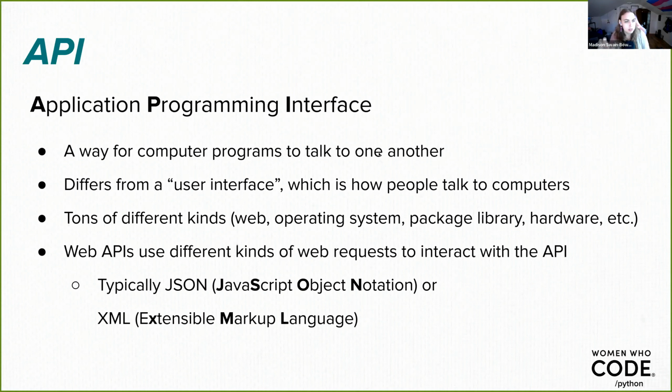Another language that this occurs in is XML, extensible markup language. That one's a lot less common these days. Most APIs, in fact, almost all of the APIs that I have worked with over the last few years have been JSON APIs. So that's what we're going to focus on today. But I just want to illuminate that there are some different forms that this can take for the web, and many, many different forms that APIs can take beyond the web.